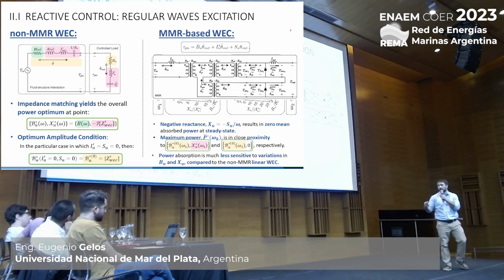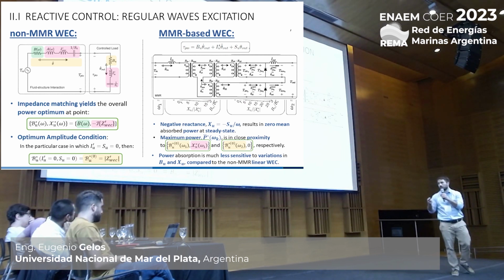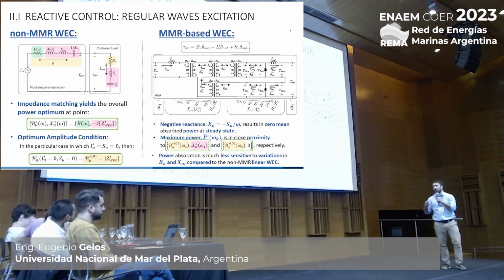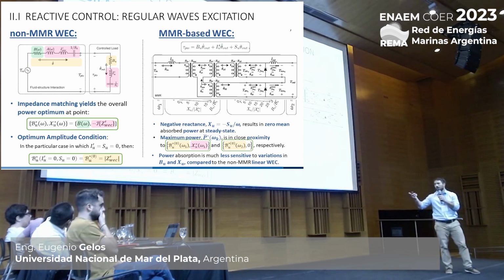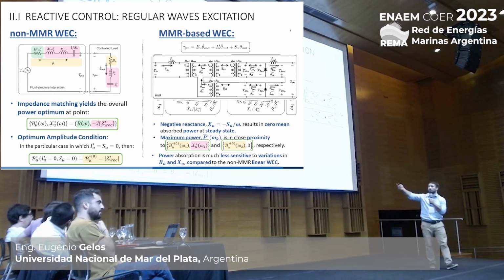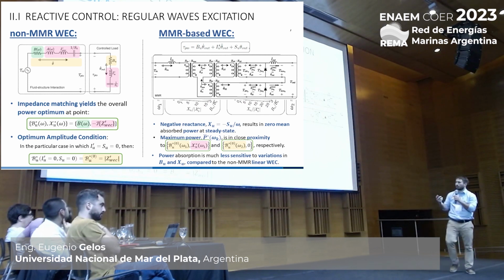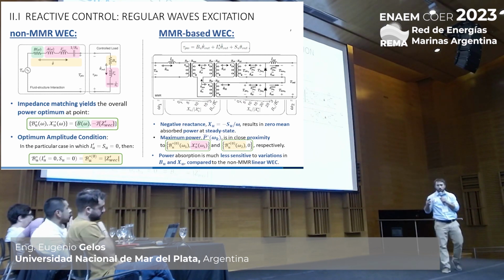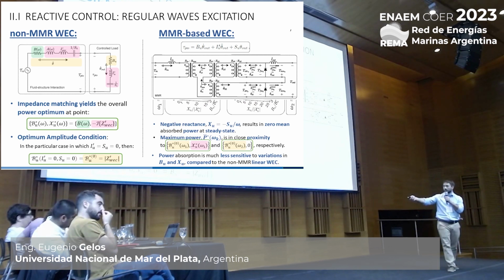The reactive control is based on impedance matching, which in the wave energy literature is typically unfolded into the optimum amplitude and phase conditions. In particular, the optimum amplitude condition considers that the only tunable parameter from the control load at the right is the resistor, so the optimum is given when this resistance has the value of the WEC's impedance magnitude.